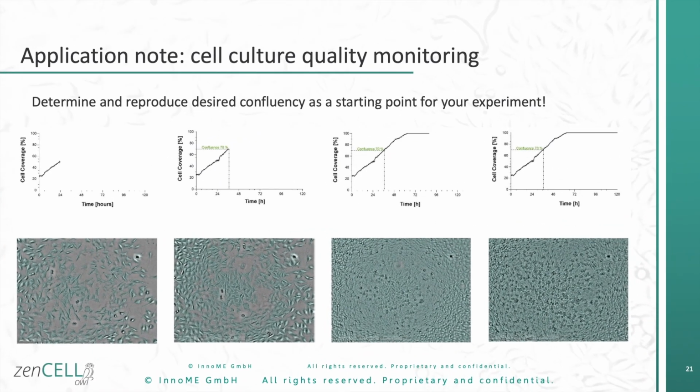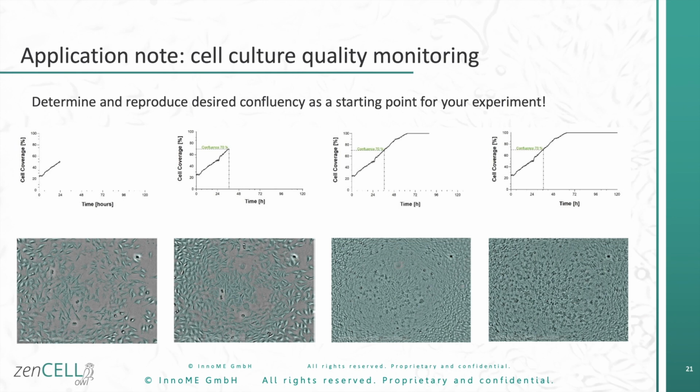A more detailed example is given now. What you can see here are 4 snapshots taken with the zenCELL from one well of a 24 well plate. The first snapshot was taken very early, about 24 hours into the cultivation. As you can see, we have a lower confluency in cell coverage.